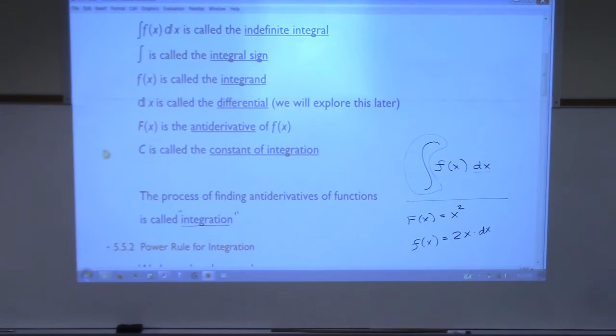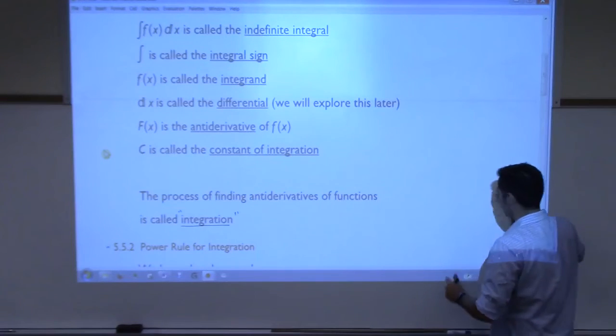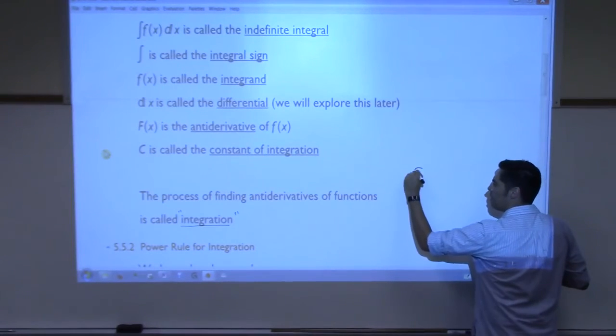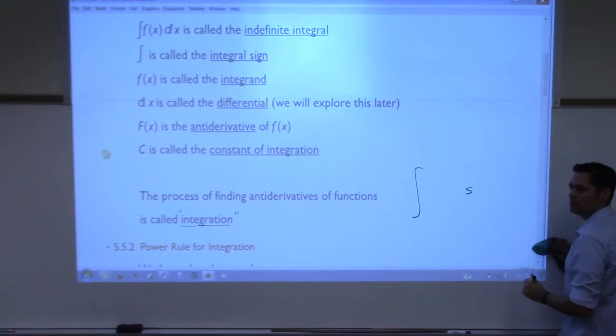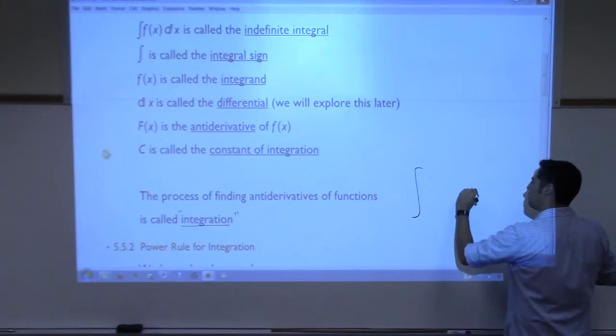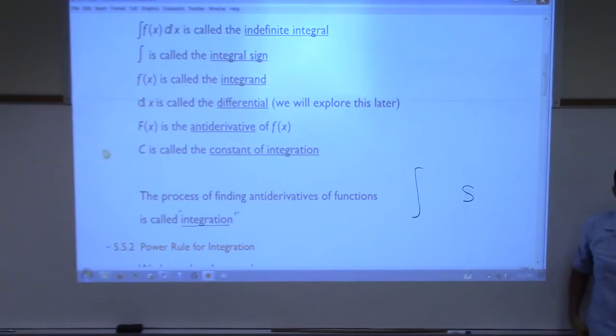So that's our notation. And this symbol right here out front, the integral sign, think of it as an S, or if you want, you can say a capital S, that someone took and just stretched out. You're like, well, okay, who cares?